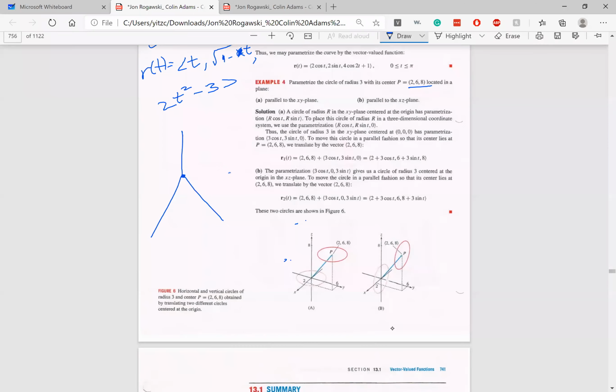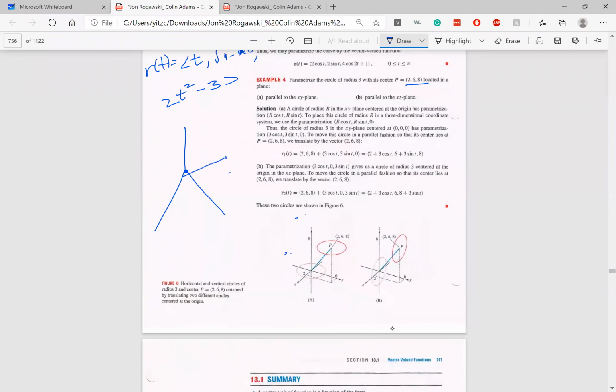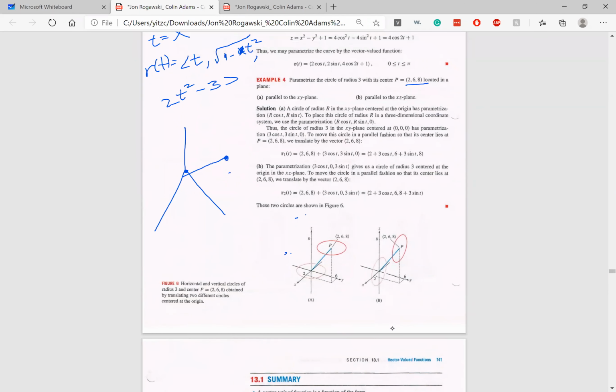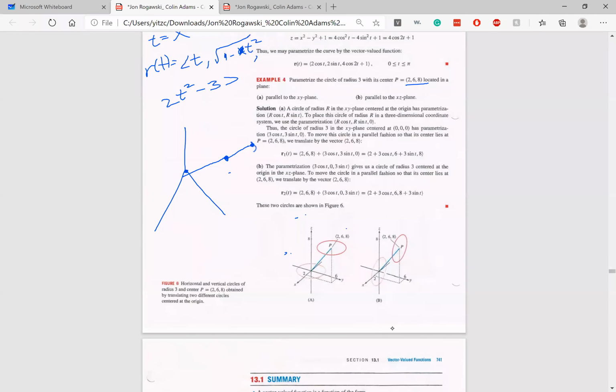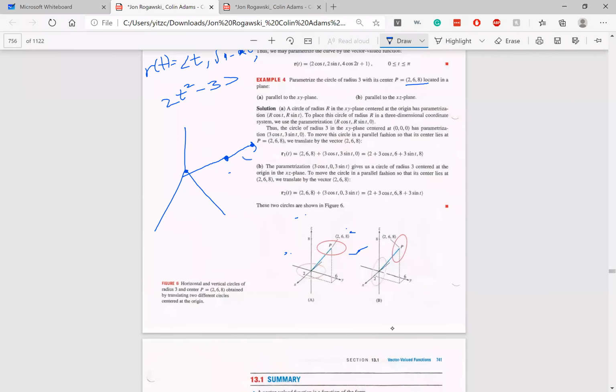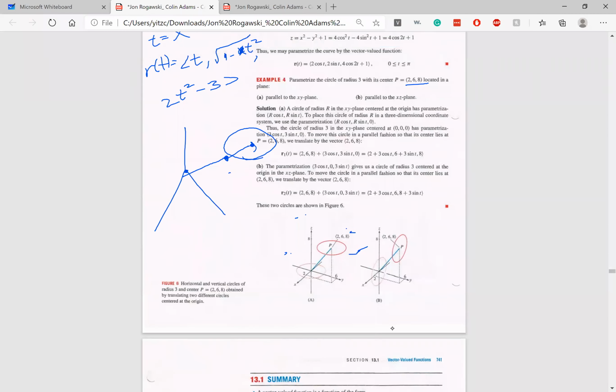So it should at least have one vector at the center, and then you add 3 to it. And then you go over here and we can just make a circle. And that's really what they did.